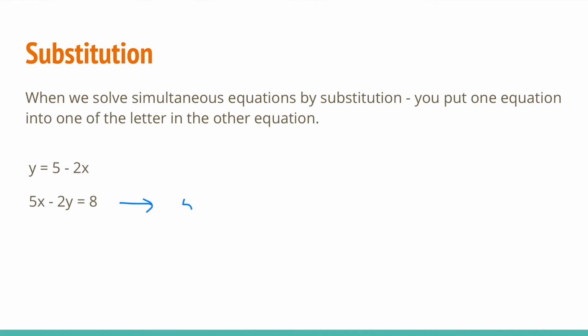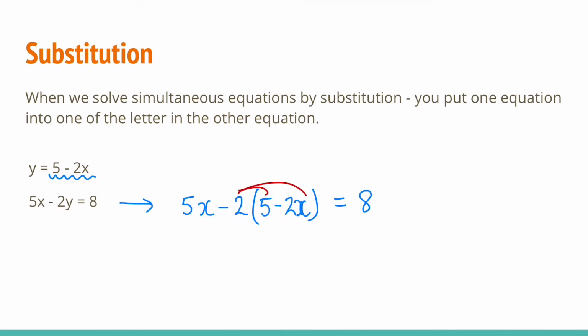So if I rewrite this one, I have 5x minus 2y, but we know that y is just 5 minus 2x. So instead of putting y, I'm going to put 5 minus 2x, and that is equal to 8. I've written out this equation, but I've put y in as 5 minus 2x.